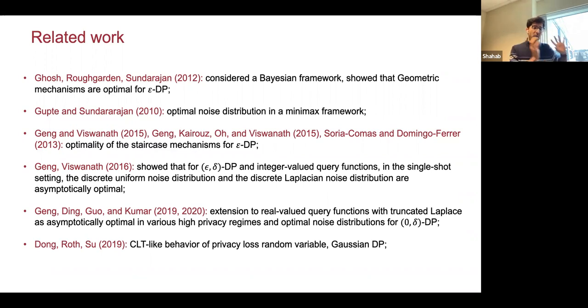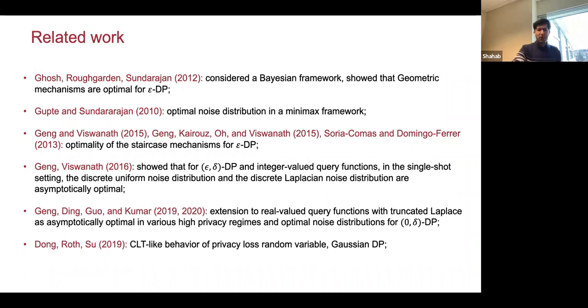What they are doing is that we know the mechanism, and then we want to compute the composition. It is different from what we are doing, in that we are designing a mechanism. So we have some sort of, not a CLT, but a concentration result. But we want to use that concentration result to design a mechanism.